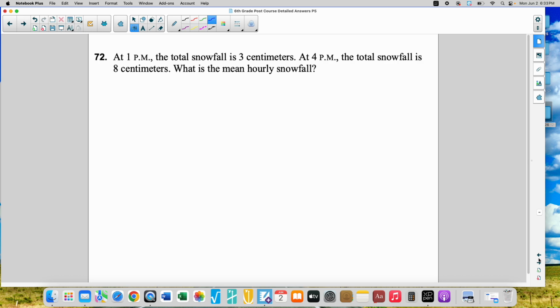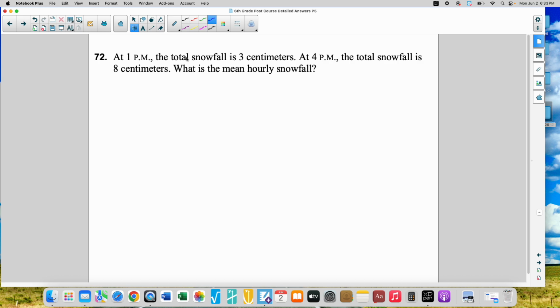All these other ones are kind of easy, so clearly I am overthinking problem 69. At 1 p.m., the total snowfall is 3 centimeters. At 4 p.m., the total snowfall is 8 centimeters. What is the mean hourly snowfall?